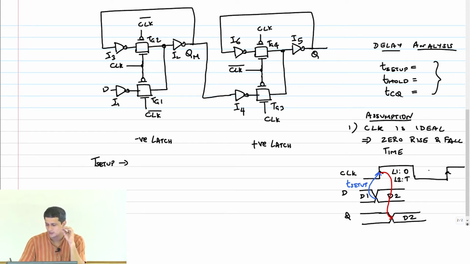In order for the change of D1 to D2 to be captured, some signals have to settle to the right value, so that when I cut the path to D and make L1 opaque, my latch should have captured the right value, and then it should hold it for the half cycle. That's the idea. So what do you think should happen?